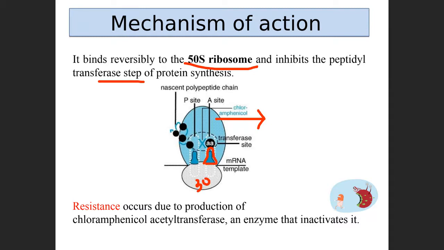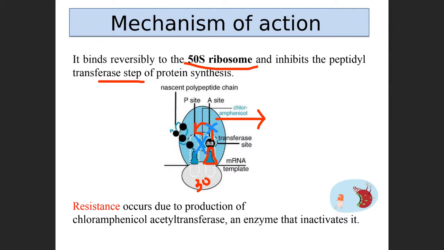After that, I told you this will get transferred from the A site to the P site. Here, what is the chloramphenicol drug doing? It is inhibiting the transfer. You can see a cross mark here. So it is inhibiting the transfer of the amino acyl tRNA to the P site.